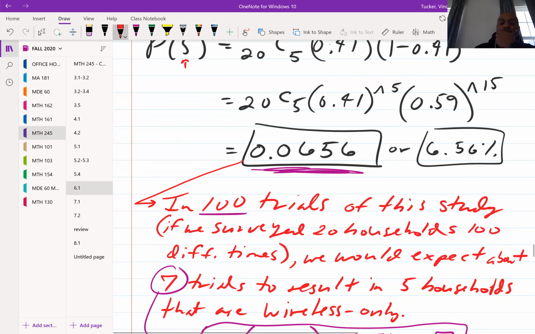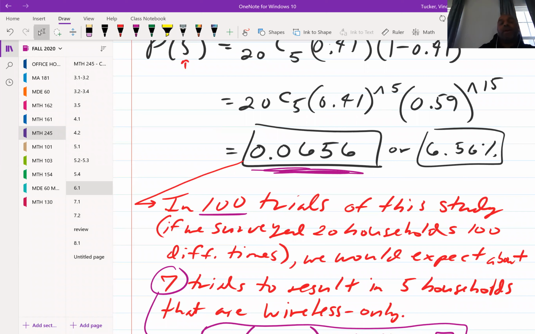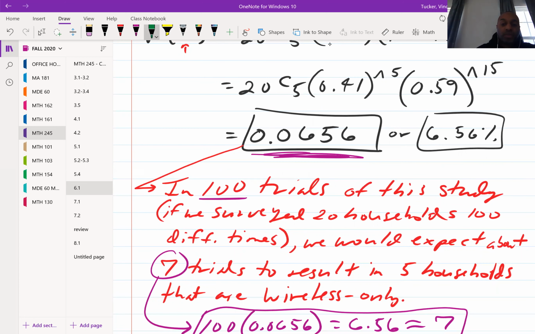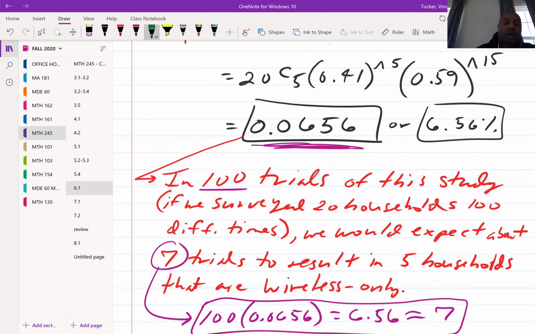So we talked about the type of answer that MyMathLab may present to you. If it says something like in 100 trials, they ask you something like that. In 100 trials of this study, we surveyed 20 households 100 different times. So that's what it means, 100 trials. And so in 100 households, we would expect 7 trials to result in 5 households that are wireless only.